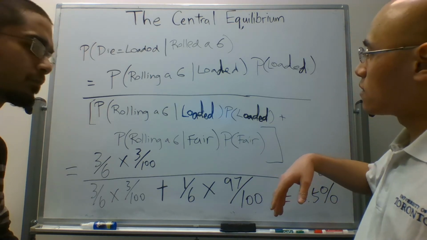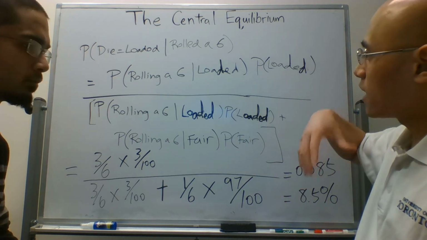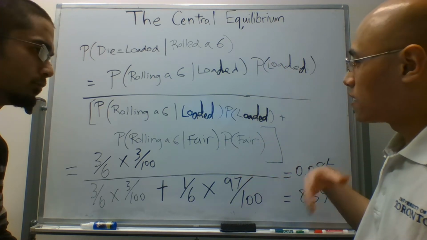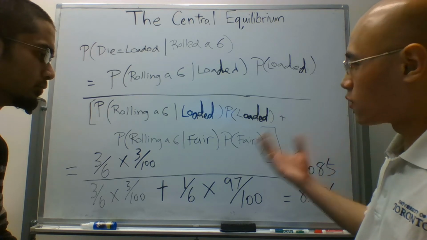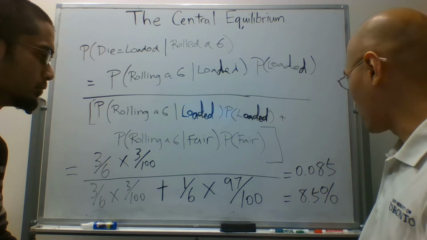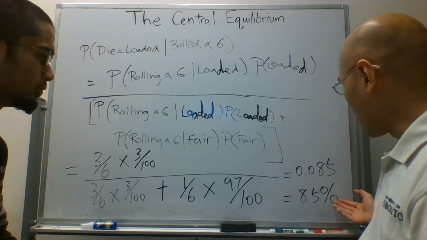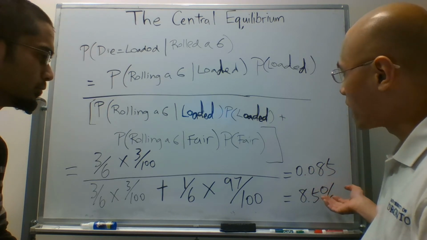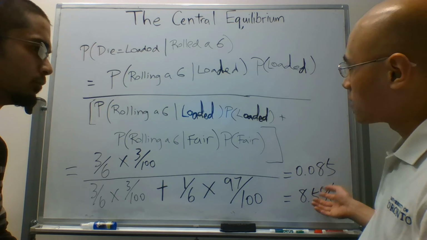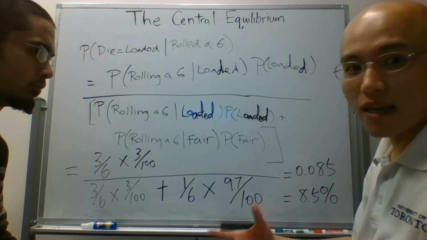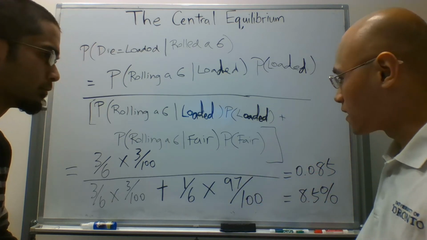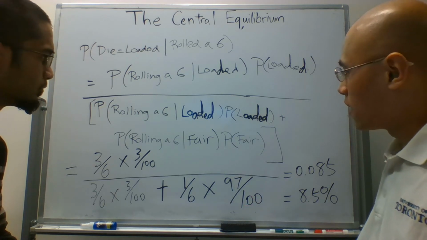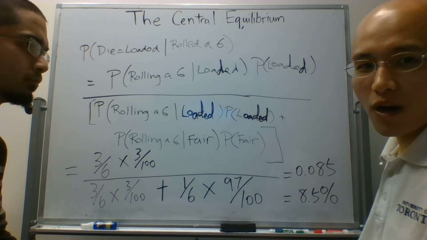Now that we've actually rolled a die, we can calculate the probability that the die is loaded, given that we've collected that datum. So that's applying Bayes' theorem to a simple manufacturing process.